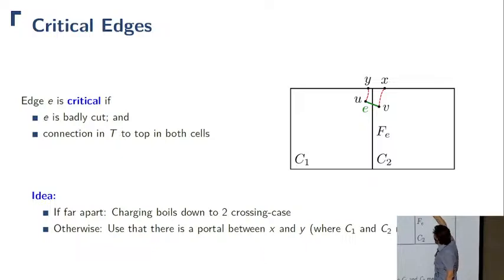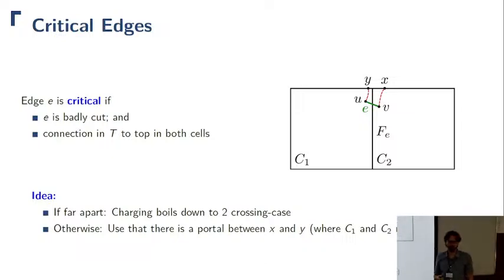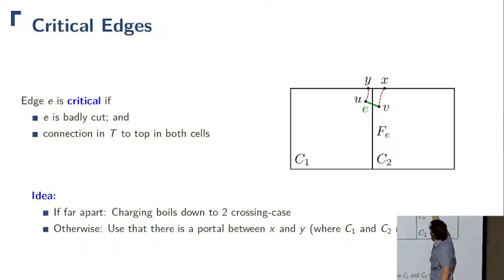If both of those go out to the top, they can be far apart, which is good because then we have the two crossing case, or they can be close together. If they're close together, then we can use that here is a portal in the middle, and this helps us to show that we actually can use this red tour for paying for the detour cost.